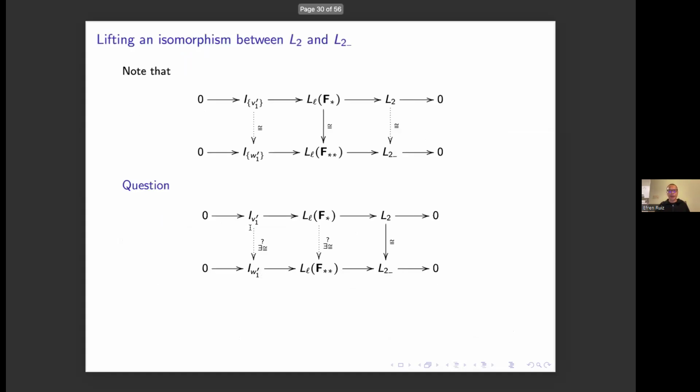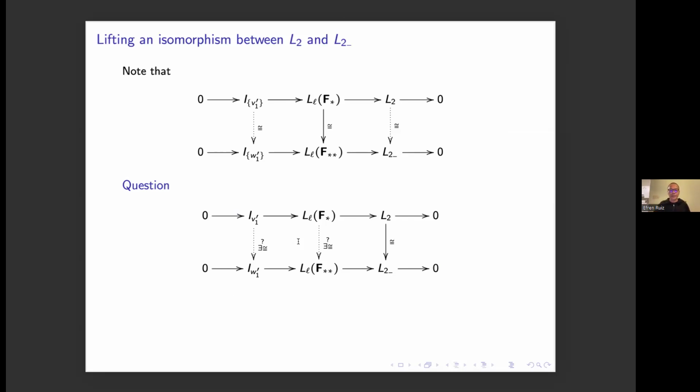Okay. So this is the unknown question if you want to try to solve it: the L2 and L2 minus question is equivalent to the algebraic Kirchberg-Phillips question if, when you do have an isomorphism between L2 and L2 minus, you always have a lift between these Leavitt path algebras.